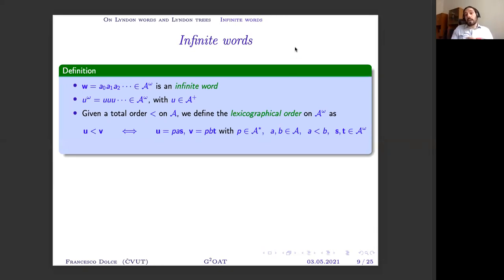Now, whenever we have an order on the alphabet, we can extend the lexicographical order that we saw before also to infinite words.